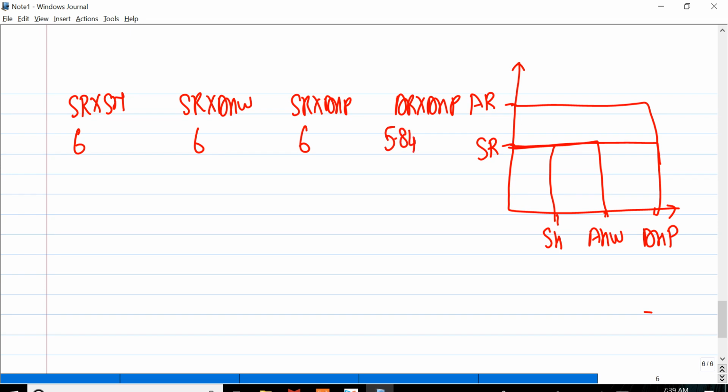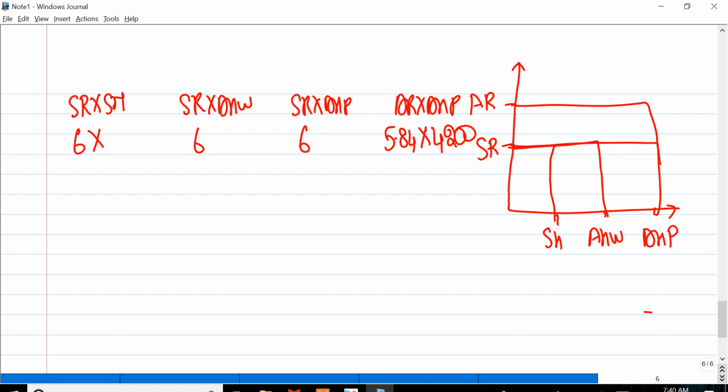5.84. Now listen, AHP is 42 into 100 workers, whatever you had written earlier. AHP is 42 into 100 workers. AHW is 4,200 minus 5%. SH and other things will remain same.